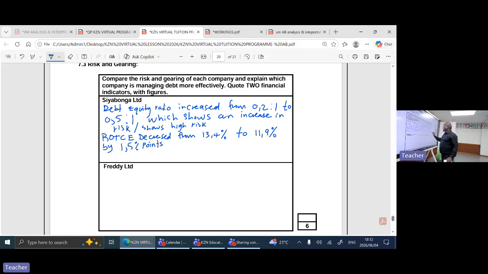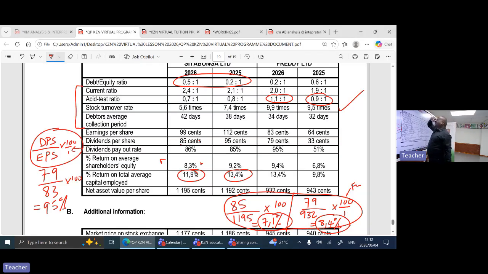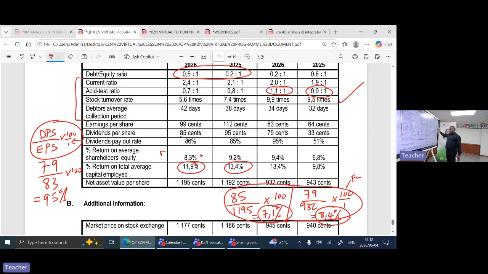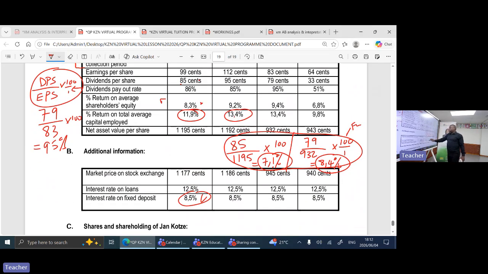Now, the next thing to check is the interest on loan, so that you can decide whether this is positively geared or negatively geared. Positive gearing and negative gearing. So the interest on loan was 12.5%. The ROTE went down from 13.4 to 11.9%.